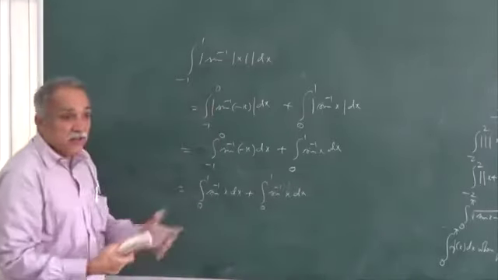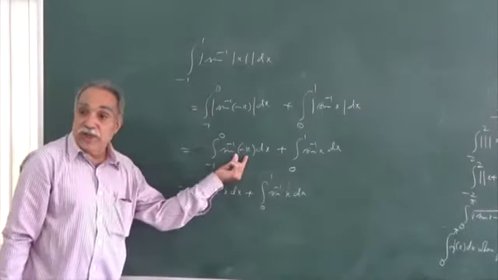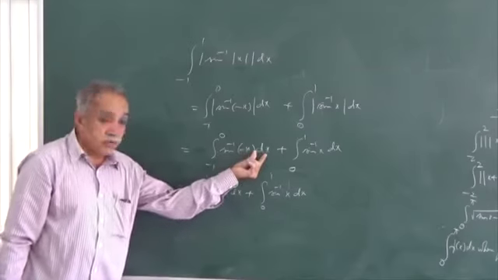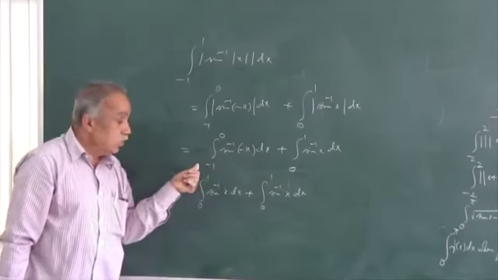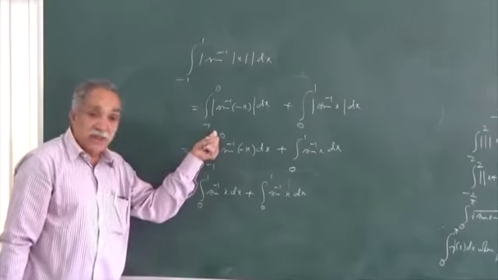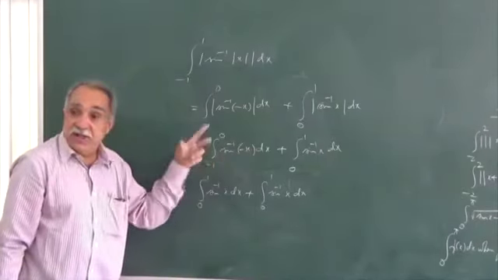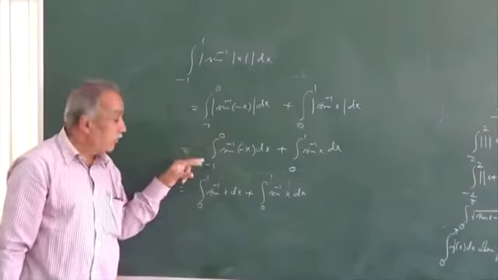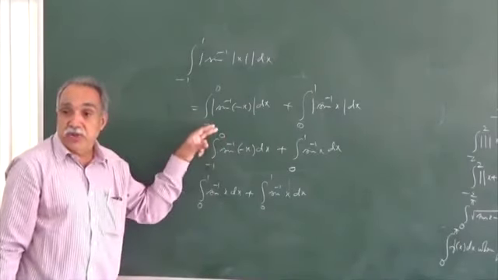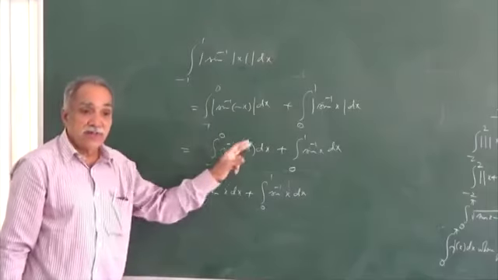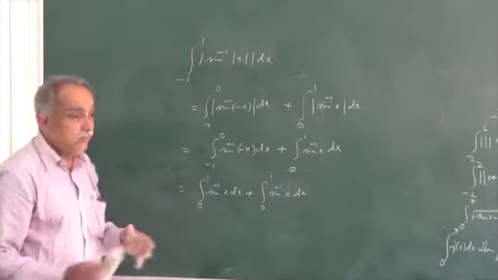How am I getting this? Replacing this by a new variable t, my dx will become minus dt. New lower limit plus 1, new upper limit 0. Just to take care of this negative sign, interchange the limits. Instead of having 1 to 0, it will become 0 to 1 of sin inverse x dx. Agreed?